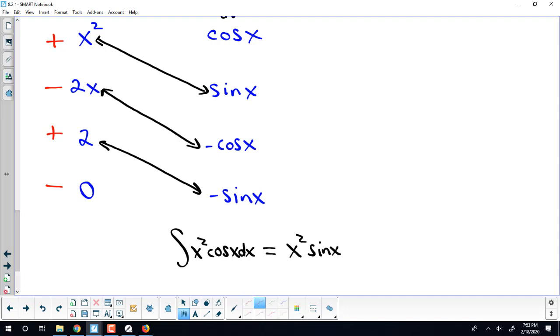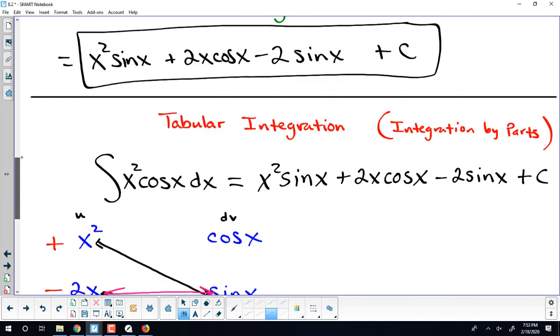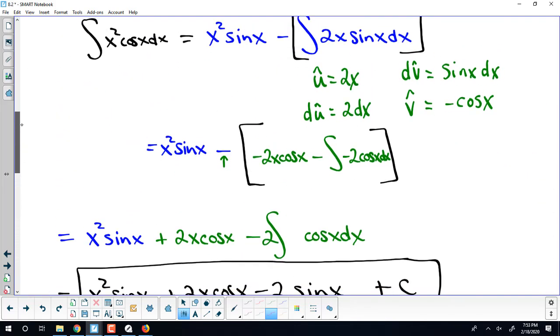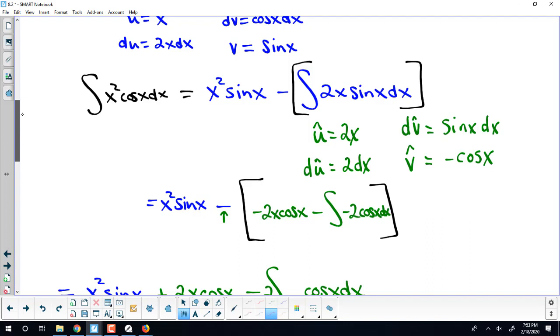But say for whatever reason, sometimes you have to do this too, I wanted to go vertically like this. I'm still going to have that minus 2x sine x, but I have to take the integral of it because I've gone vertically. So at any point you choose to go vertical to multiply those functions, you've got to put an integral in front of it. So minus 2x sine x, where do we see that here? We saw that here.